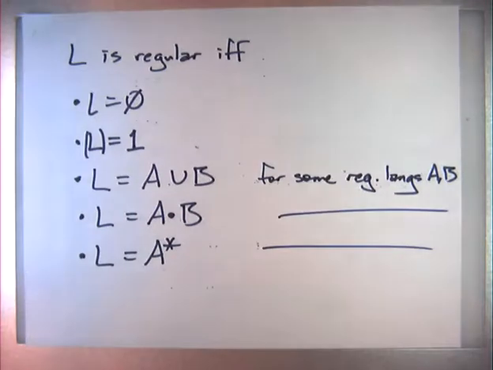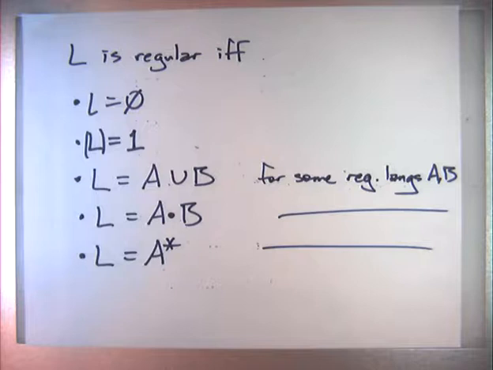Okay, so a language is regular if it satisfies one of these 5 conditions. Either it's empty, it has exactly one element, it's one string, it's the union of 2 regular languages, it's the concatenation of 2 regular languages, or it's the Kleene star of a regular language.